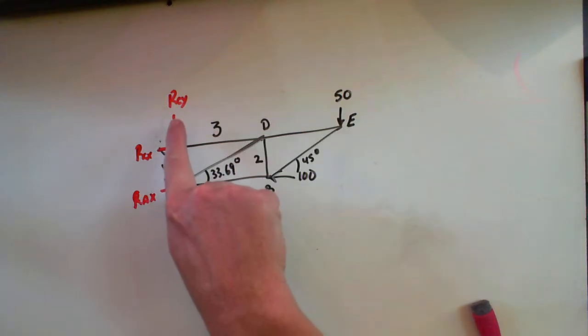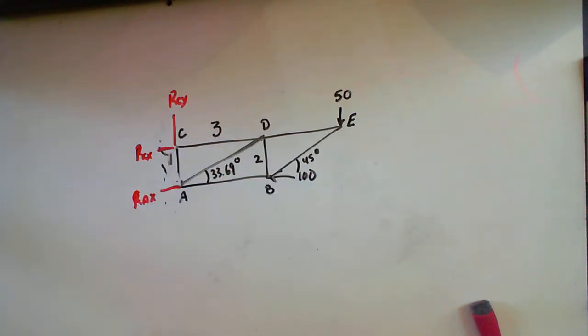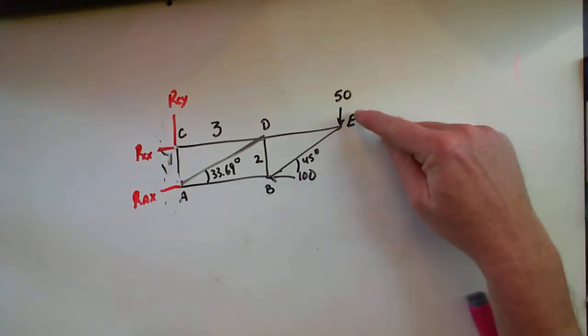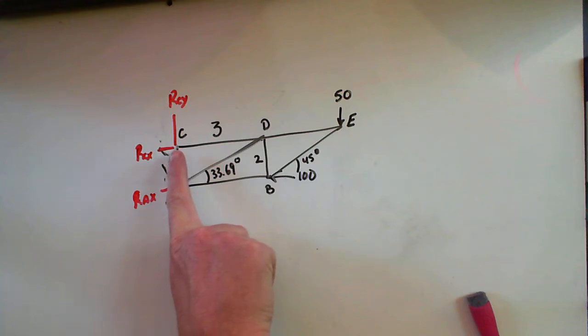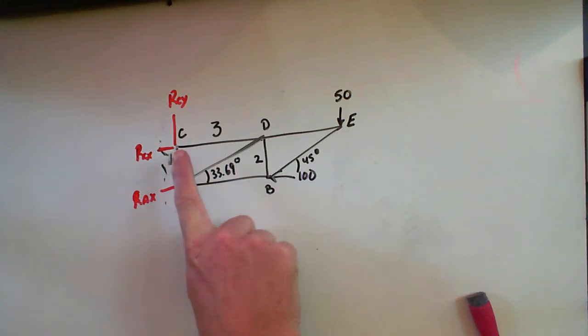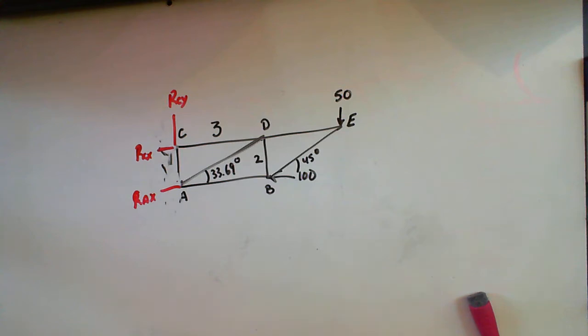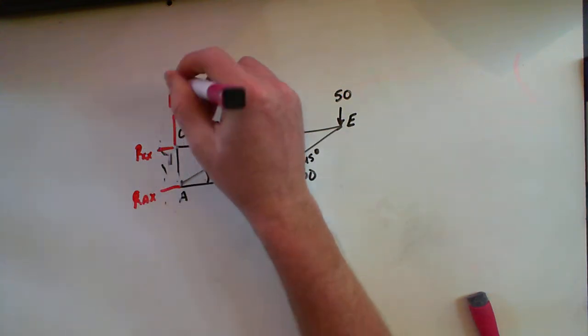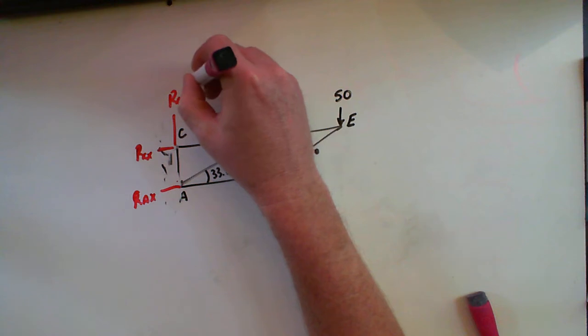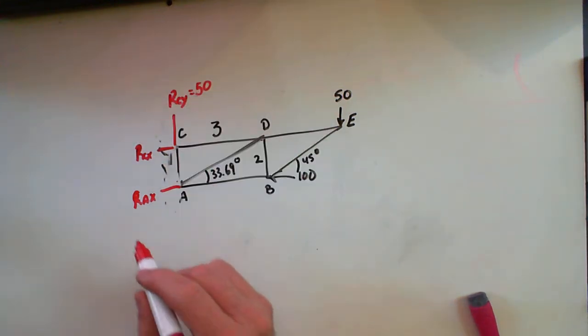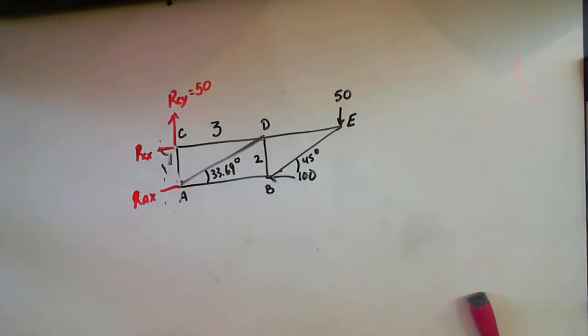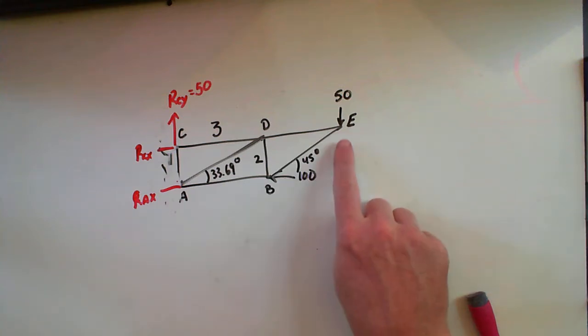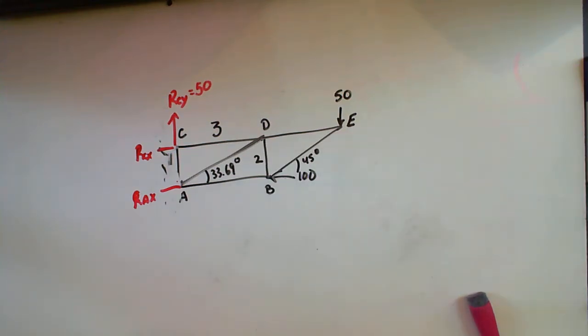The reactionary force at C with respect to Y is simple. It doesn't have to be split between anything. We have one vertical force coming down here at 50. The only reactionary force we have that can absorb that 50 is RCY. So the reactionary force at C with respect to Y is going to be 50, and it is going to go back up in the direction of Y because this 50 came down.